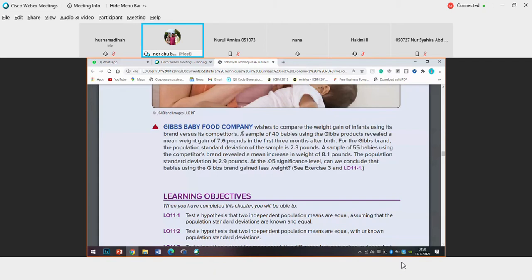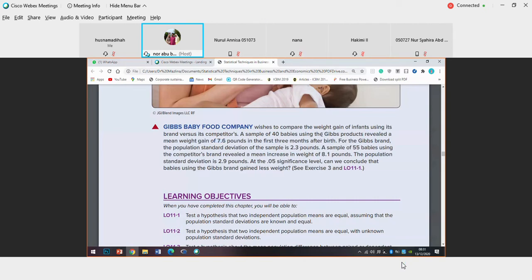Okay, this sample, dia punya standard deviation lagi kecil. Whereas yang ni walaupun mean dia besar tapi standard deviation dia pun besar. Jadi entah-entah yang ni yang paling rendah 6 pound, paling tinggi 9 pound. Yang ni pula mungkin 7.6, 7.8, you know.